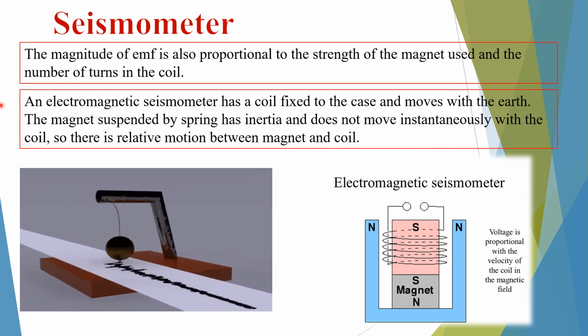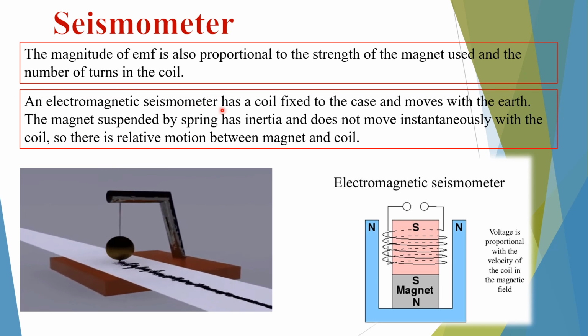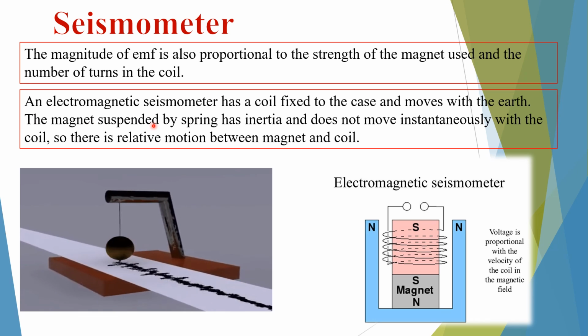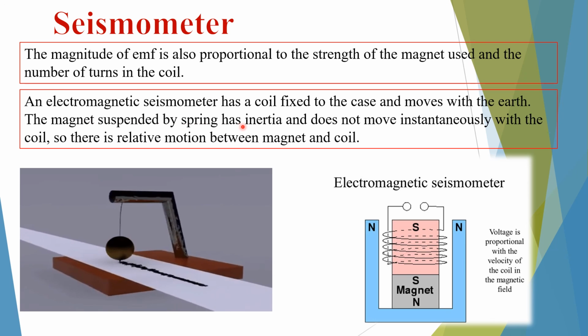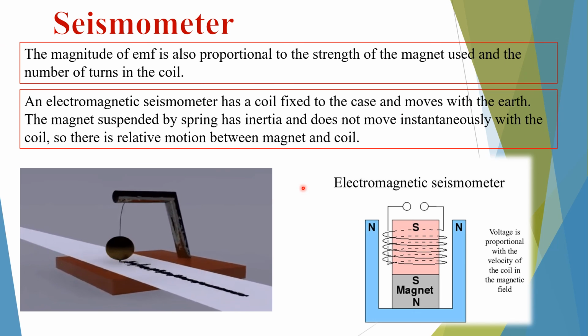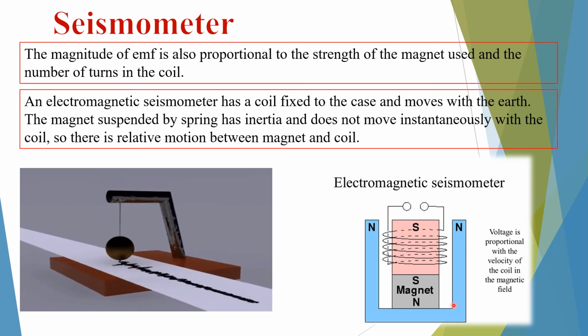An electromagnetic seismometer has a coil fixed to the case that moves with the earth. The magnet suspended by a spring has inertia and does not move instantaneously with the coil. So the magnet is stationary and the coil is moving, and this movement of the coil depends on the earth's crust.